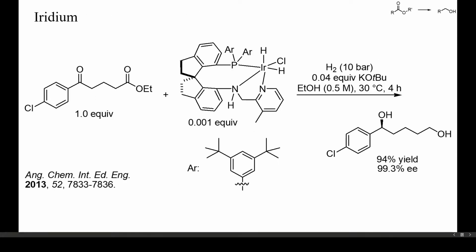In this example, a ketoester was hydrogenated enantioselectively with an iridium aminophosphine complex. No benzylic C-O bond cleavage or dechlorination of the arene occurred, and an exceedingly high enantioselectivity was achieved. The hydrogenation conditions were mild and only 0.1% of the expensive catalyst was required.